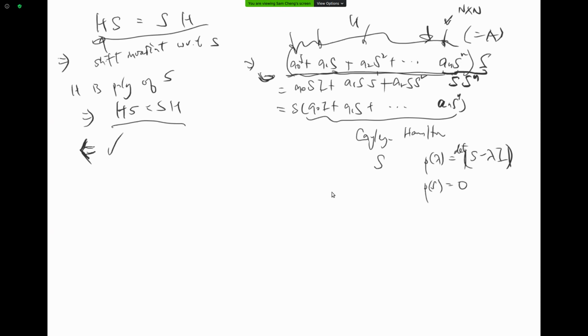Note the difference here: this is a polynomial of lambda, defined this way. Now for this polynomial, I substitute S there, S as a matrix, and then I will get 0. So for example, say my polynomial is 1 plus 3 lambda plus lambda squared plus lambda cubed. This is the characteristic polynomial, and Cayley-Hamilton says that, of course 1 doesn't make sense, it changes to I, so I plus 3S plus S squared plus S cubed equals 0.